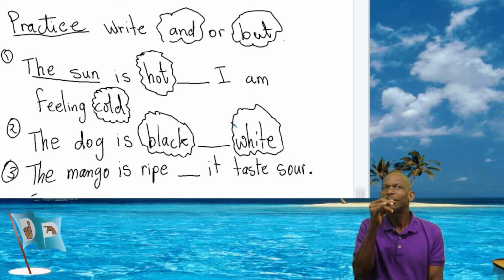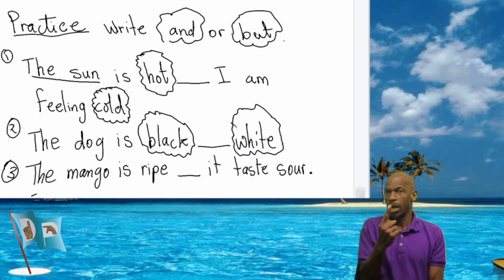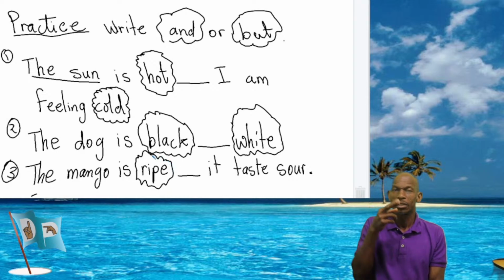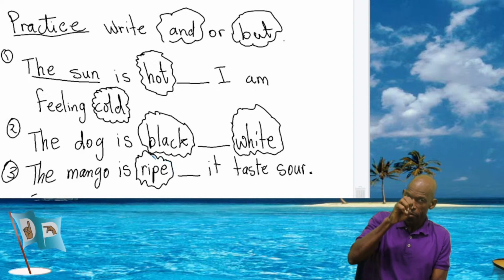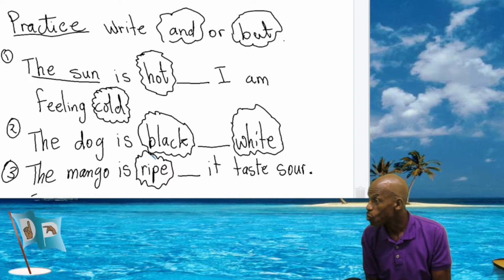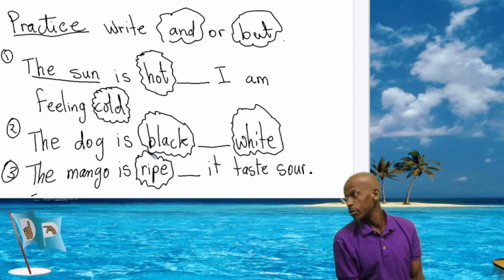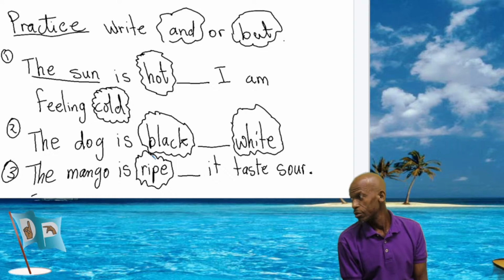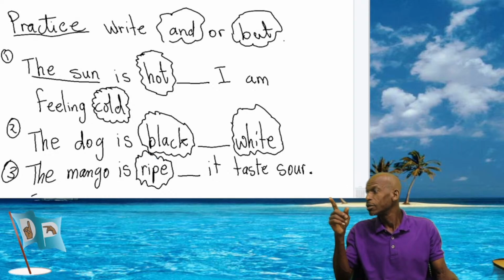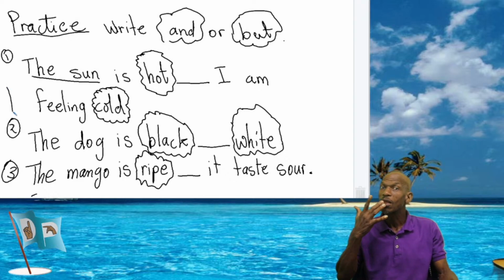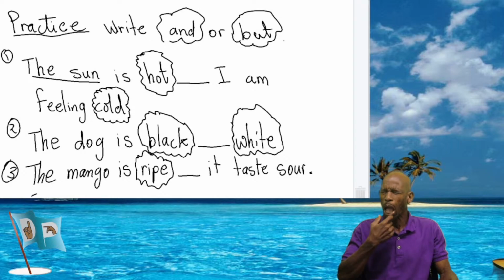Next one, the mango is, you're looking at the idea. What idea would it tell you? What you expect it to be? The mango is ripe. It tastes, and it's sour.